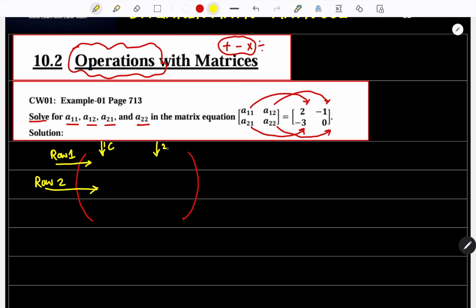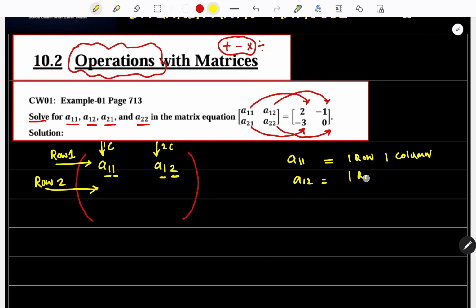So A11 means first row, first column. See here.